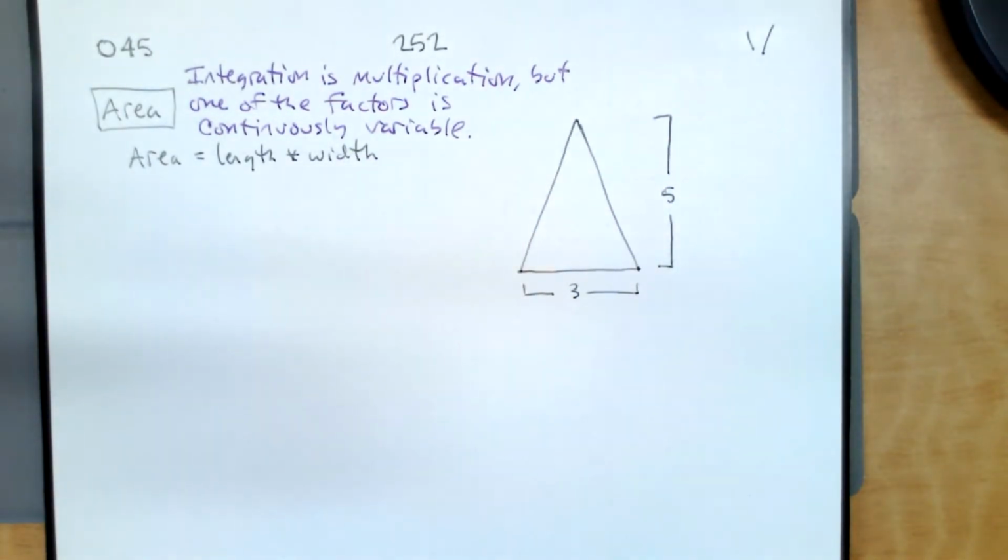I usually say one of the factors is variable, but the part that makes this a calculus problem is that one of the factors is continuously variable.